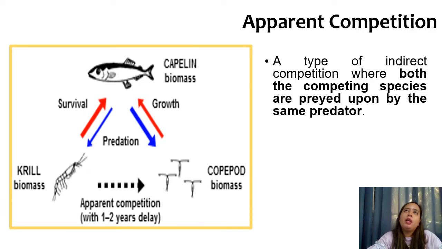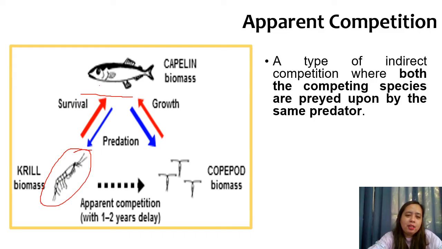And because they are preyed upon by the same predator, there is like a fluctuating or oscillating population sa kanila. For example, no, apparent competition is that hindi naman sila magpapapansin, kainin mo ko. It's not like that. For example, this capelin, no, ang kanyang tip for this one is the krills.